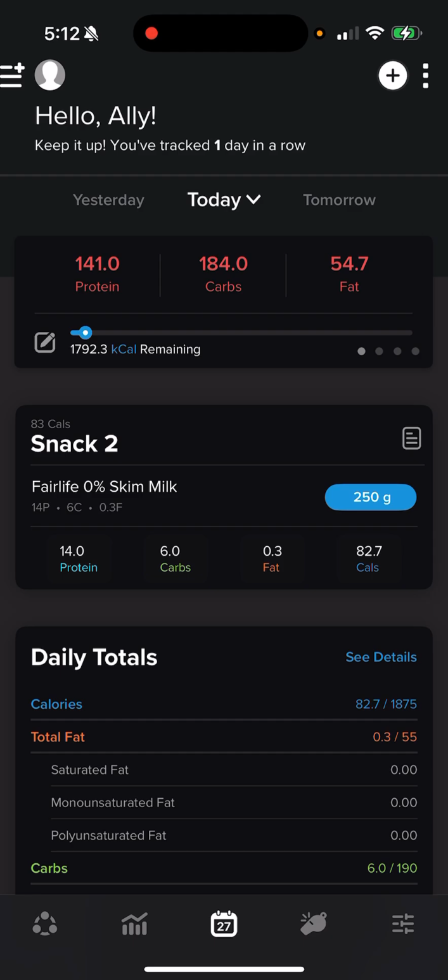So anytime you have a liquid, if the food label says milliliters, just pretend it says grams. And when you're weighing it on your digital scale, you're going to weigh it in grams and call it good.